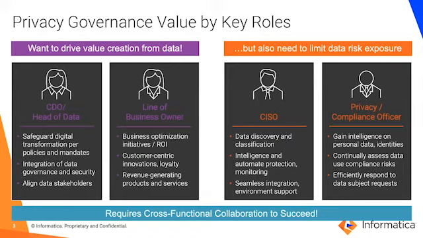But you will also have to limit your data exposure. If you're a CISO or a privacy compliance officer, you have to identify all the places where you are storing sensitive data. You need to have a catalog of all the places where you are storing sensitive data. The first part there is to identify where all the data is.